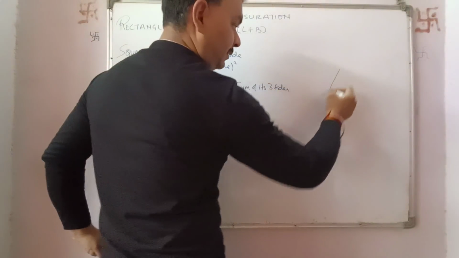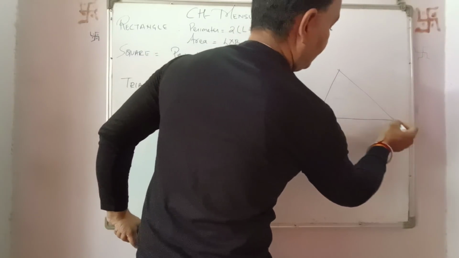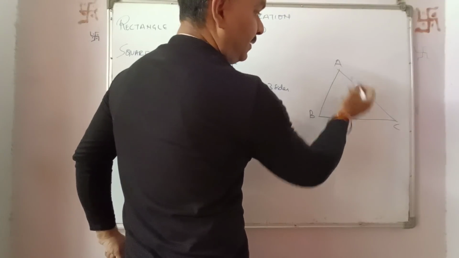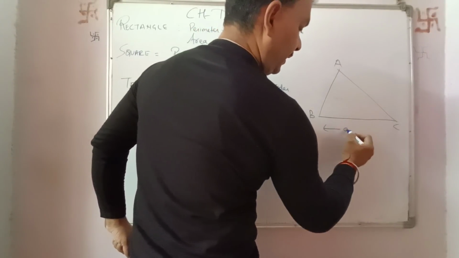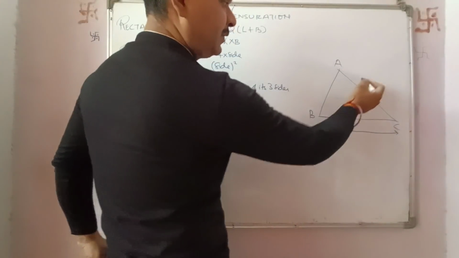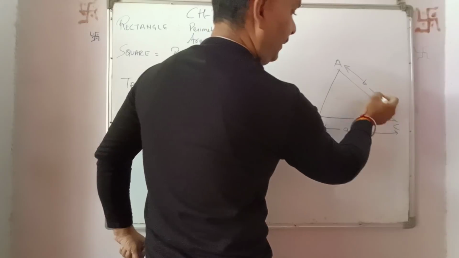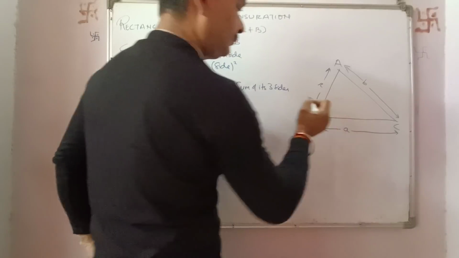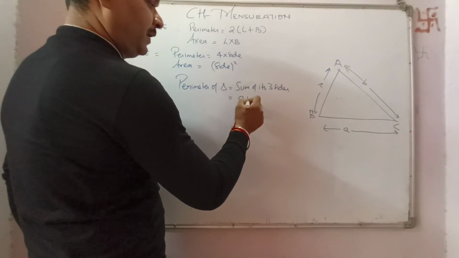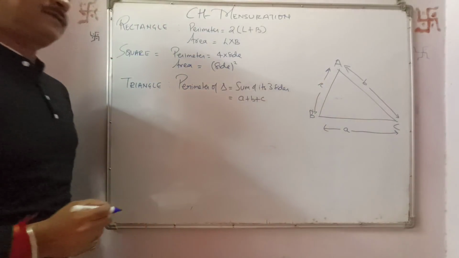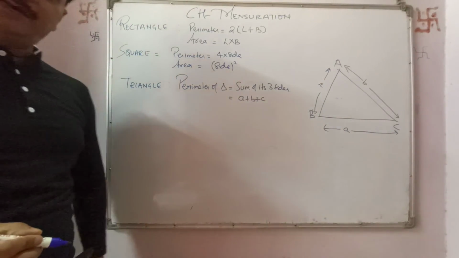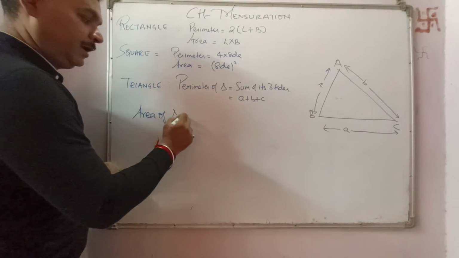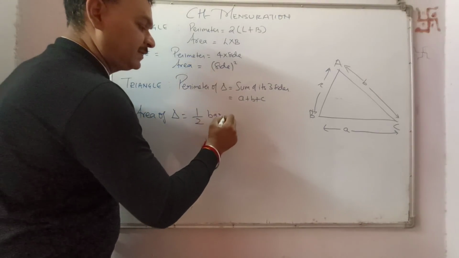If I take a triangle ABC, the side opposite to vertex A is generally taken as small a, the side opposite to vertex B as small b, and the side opposite to vertex C as small c. So the perimeter of the triangle is a plus b plus c. Now area of triangle is half base into height.